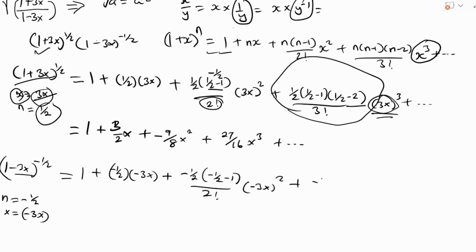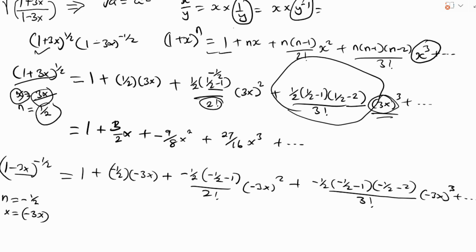Remember, in this case we are using the value of n as negative a half, so we have negative a half into negative a half minus 1 and negative a half minus 2, everything divided by factorial 3 multiplied by (negative 3x) raised to power 3, and so on.